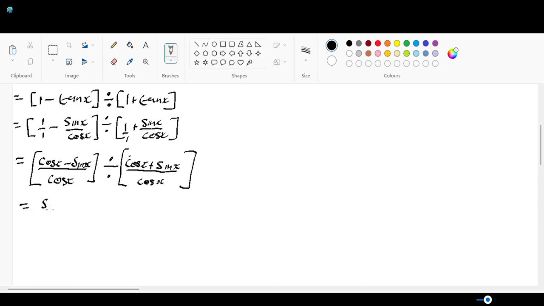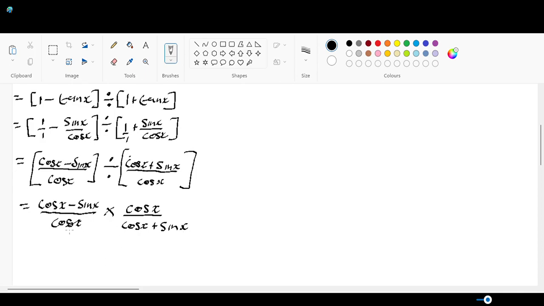So now that we have this, we can change the division sign into multiplication. But remember, when we do that, you need to understand that this bracket here, the denominator becomes a numerator and the numerator becomes a denominator. So let's do it. So we're gonna have cos x over cos x plus sine x.